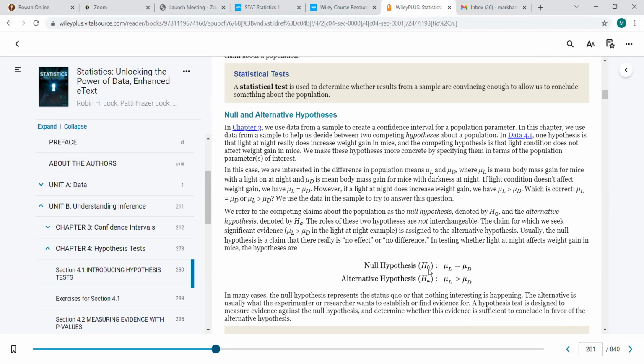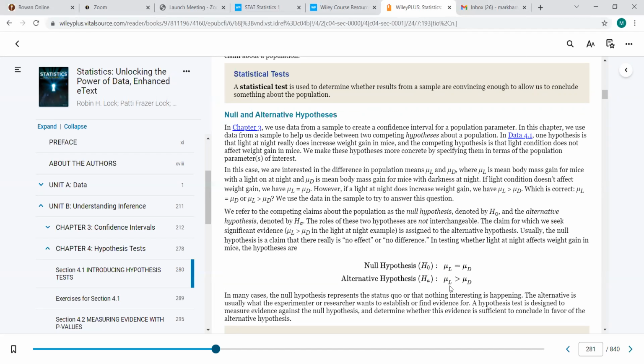That the average body mass gain for the group in the light that's getting light at night versus those who are getting regular dark at night, there's no difference between the 2 groups in terms of body mass gain. And the alternative hypothesis says that the body mass gain will be greater in the light group.